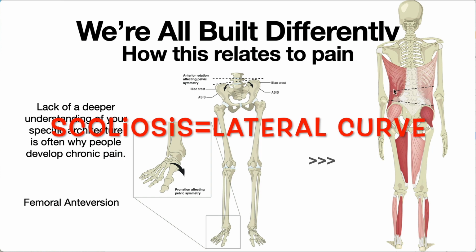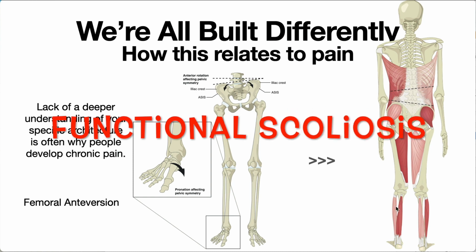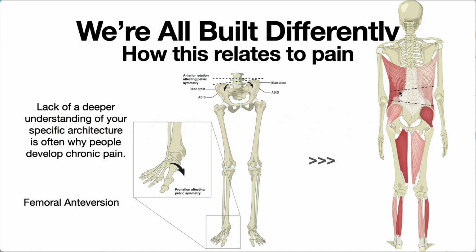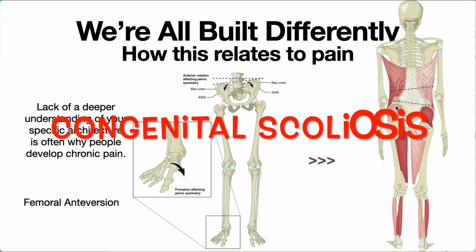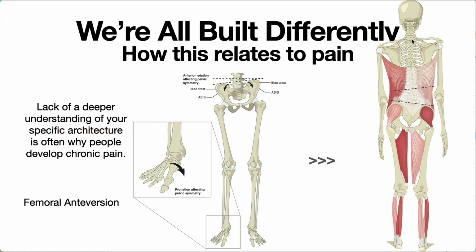There are two types of scoliosis. Well, there's probably more, but I break them down into two. There's functional scoliosis, which is a compensatory scoliosis that occurs because of problems like this. This functional scoliosis creates one curve. Congenital scoliosis creates two. So there'll be an S curve like this with congenital scoliosis. Congenital means born with, and that has different consequences.